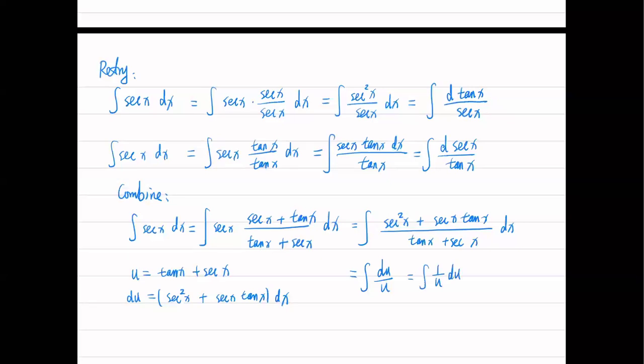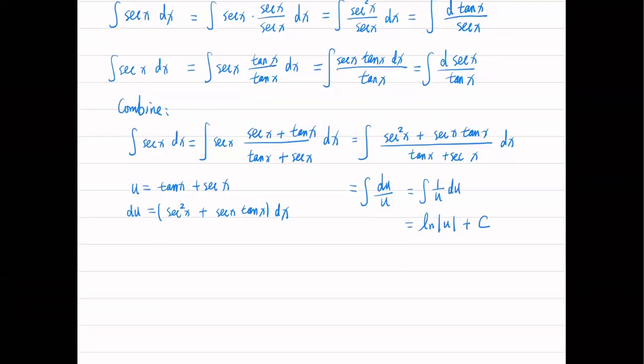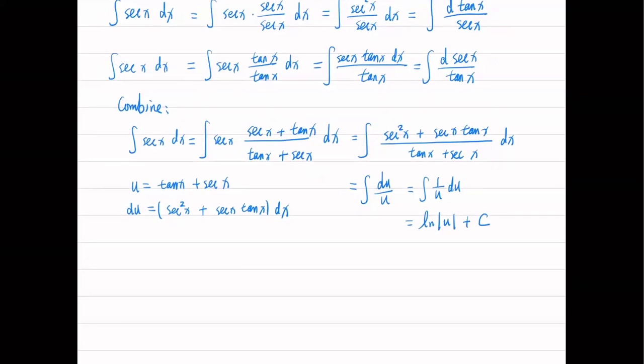Is that helpful? Uh-huh. Okay, again, absolute value. Then we switch back to x. So tangent x, secant x.